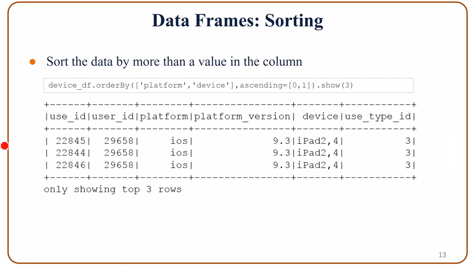If we want to order by multiple columns, then the first parameter is a list of columns. And the second parameter is also ascending, but a list of 0, 1.